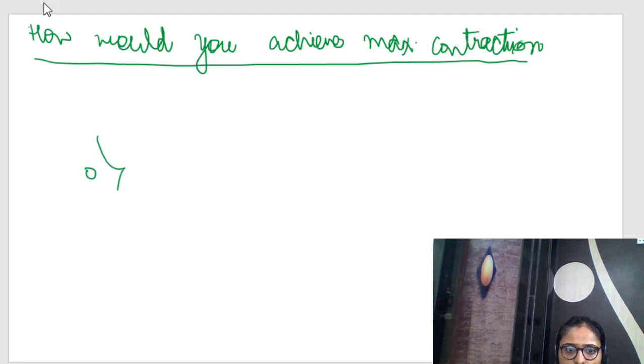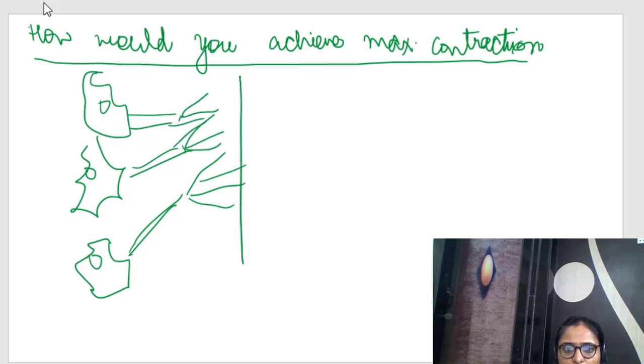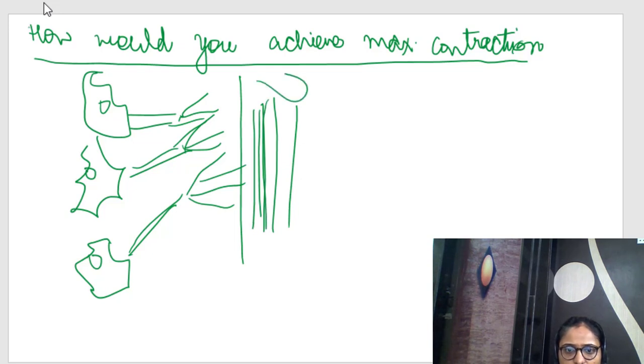For example, see here, if it is one neuron, this is another neuron, this is another neuron, and I'm drawing it very roughly, right? So these are the nerve endings. They are supplying the different muscle fibers of one muscle. For example, this is a muscle, right?